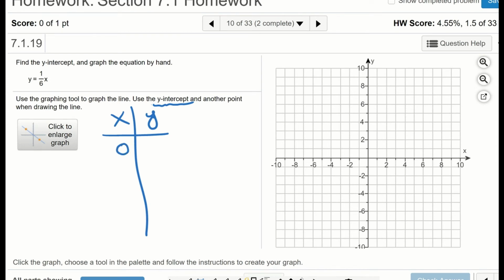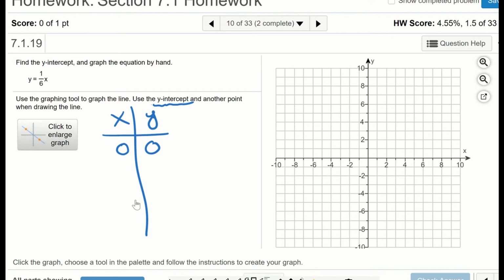That'll give us the y-intercept. So notice 1/6 times 0 is just 0. So there's the y-intercept. Now for my next point, I could pick something like x equals 1, 2, etc. But all of those would end up giving me fractions.